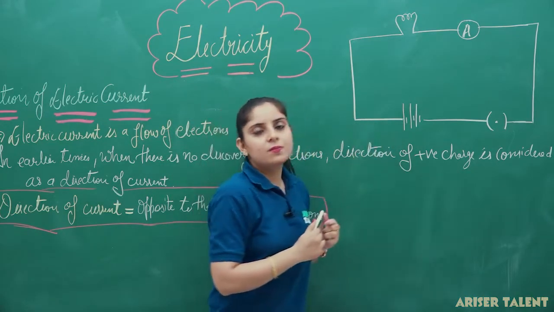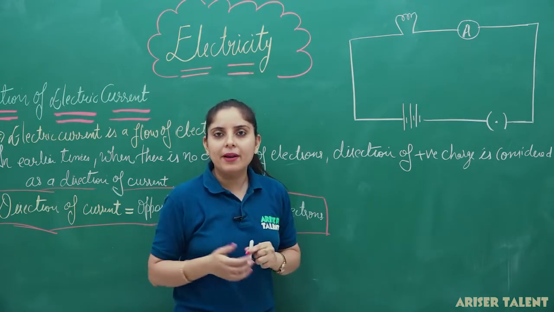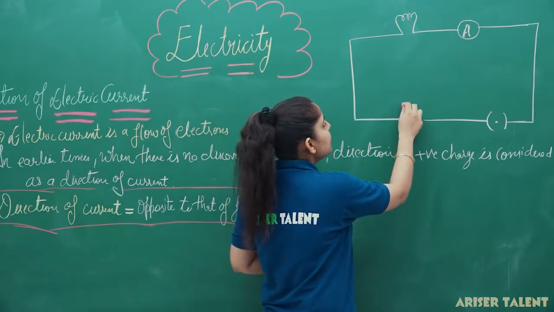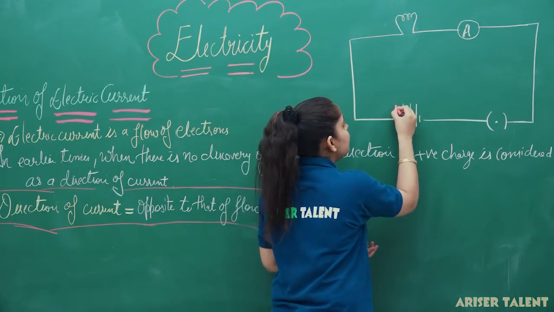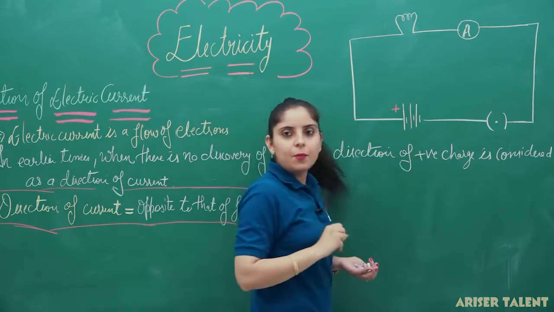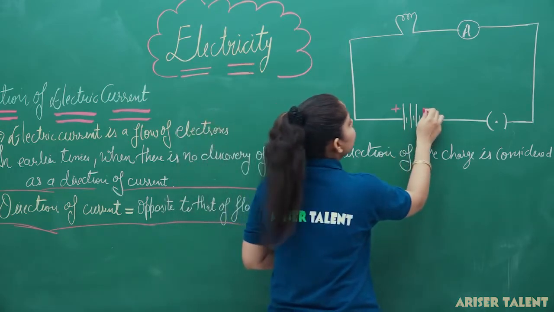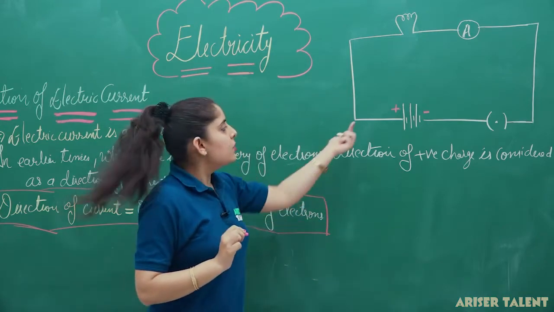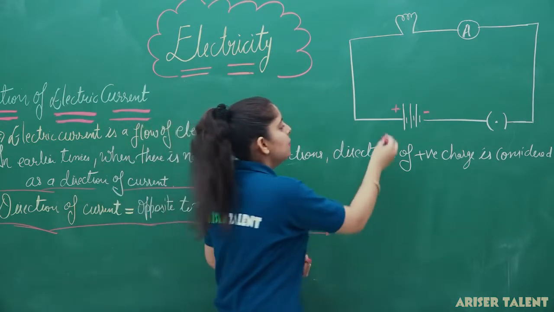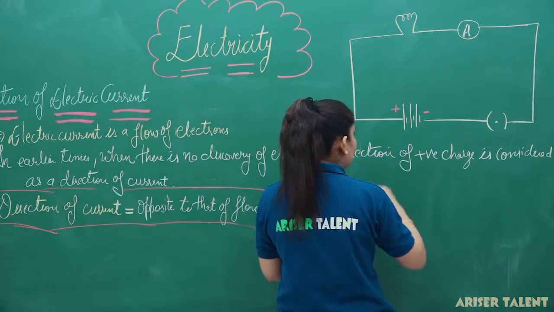This is a source, which will be a cell or a battery, and the longest terminal of a battery or cell is known as the positive terminal. This is our positive terminal and this is our negative terminal. So this is our battery or a cell.